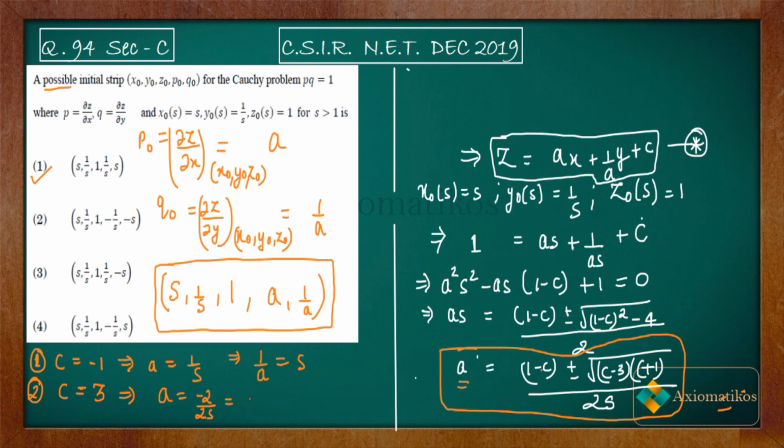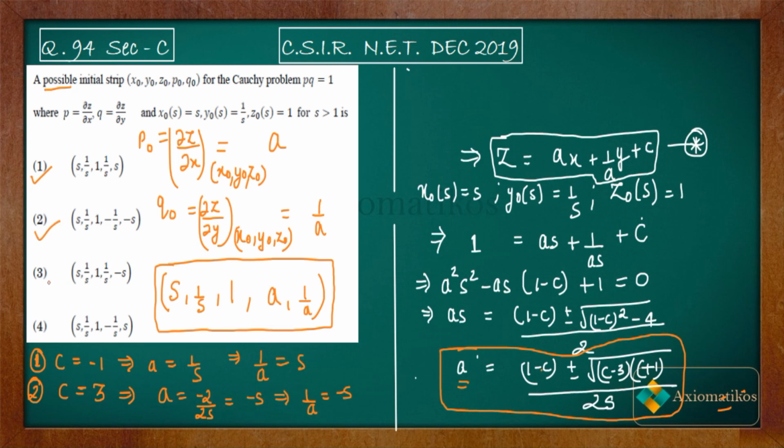That means you will get minus s. If a is minus s, then 1 by a will be minus s. So you can replace a with minus s and 1 by a with minus s. So this will be true also.